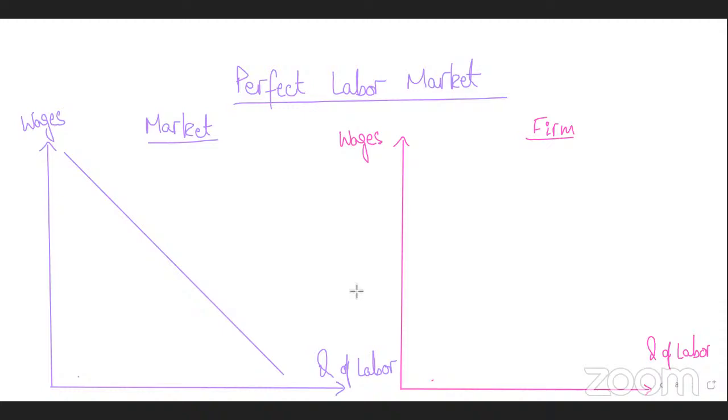Because teachers can move from one city to another, we're not saying what is the demand for teachers in Islamabad or in Karachi. We are saying what is the demand for teachers across Pakistan, because labor is mobile. Labor can move from one place to another. That demand for teachers in Pakistan will be represented by the demand curve for labor.